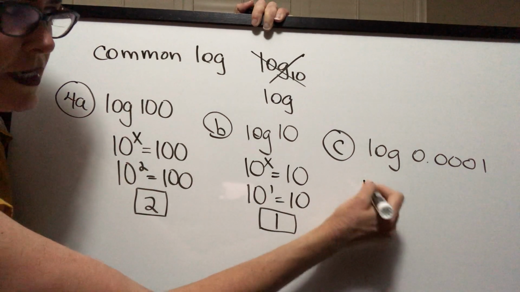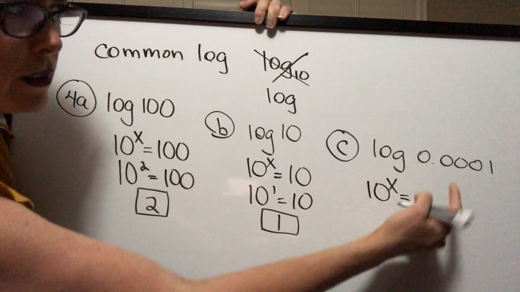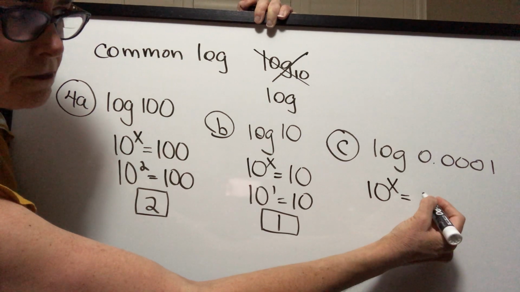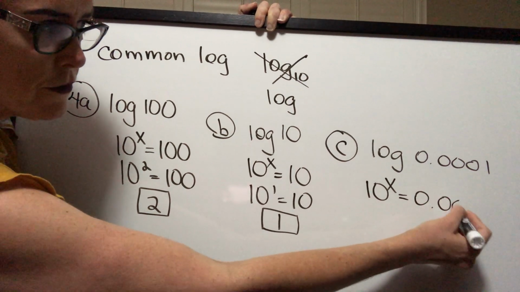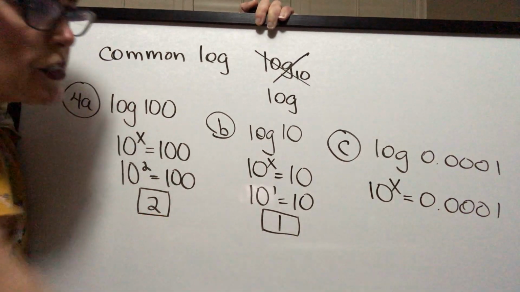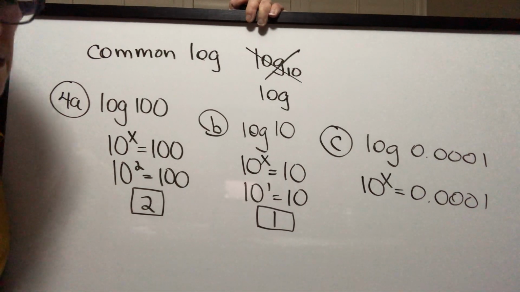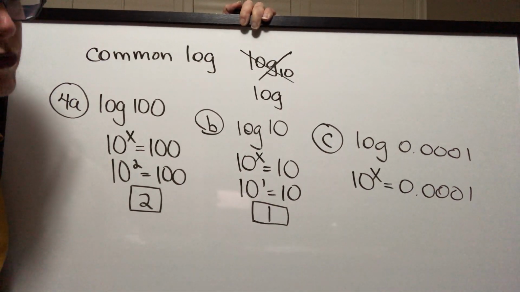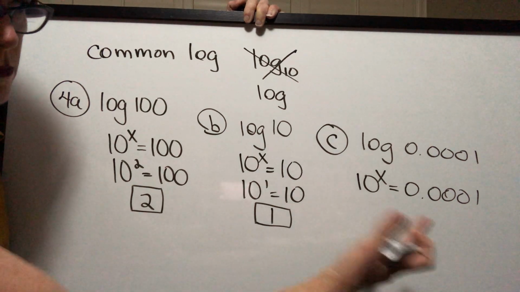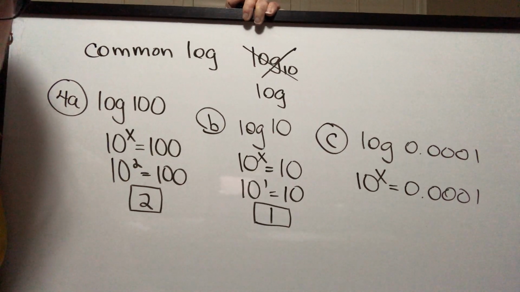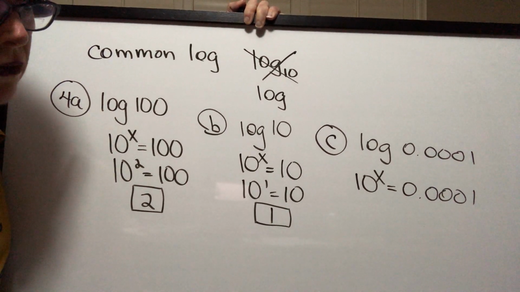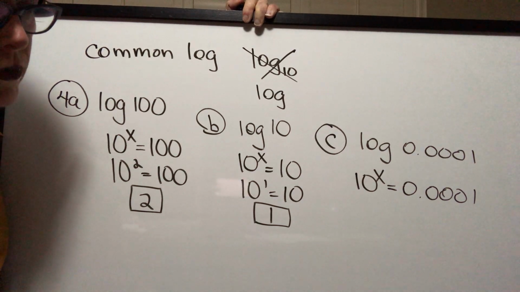We're trying to think of 10 raised to what power will give us this number, 0.0001. So it has to do with moving the decimal point and how many times you move it. Since this is a smaller number, the exponent will be negative. So you want to count how many times the decimal would be moved.